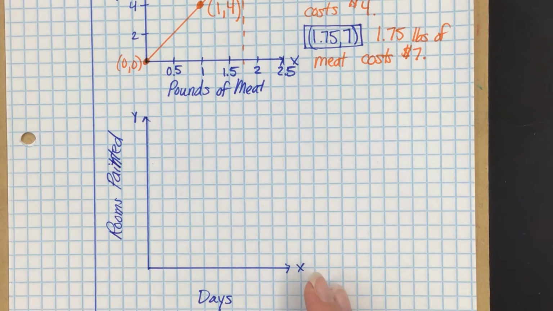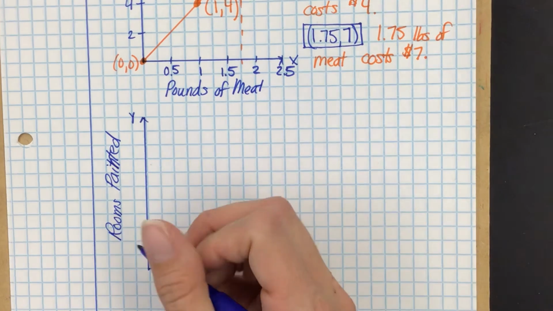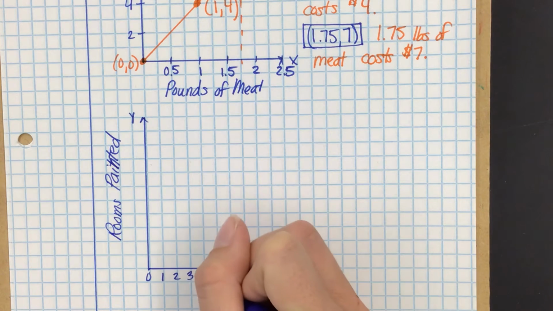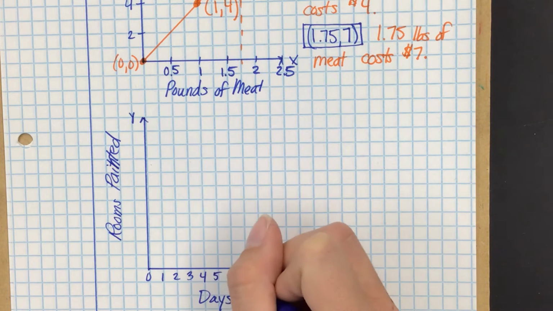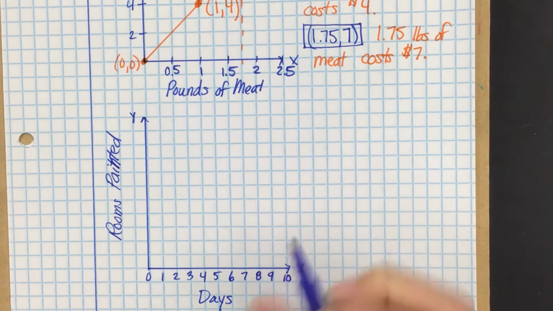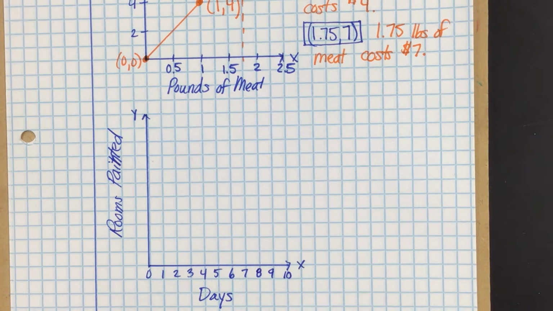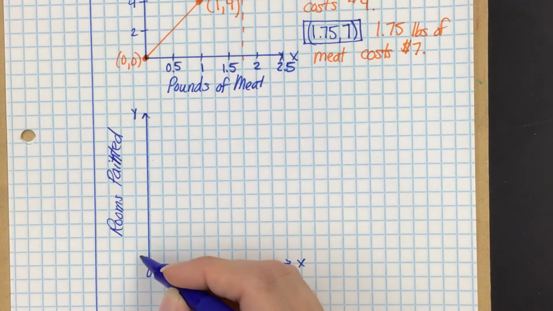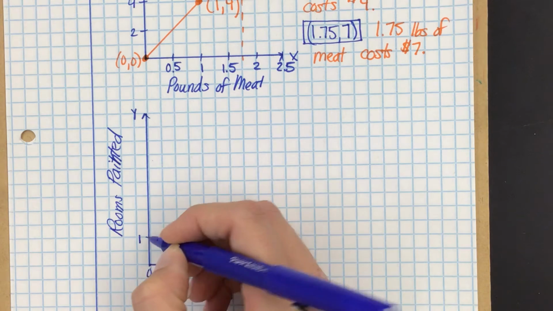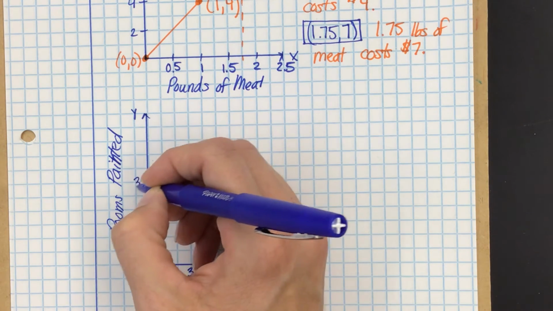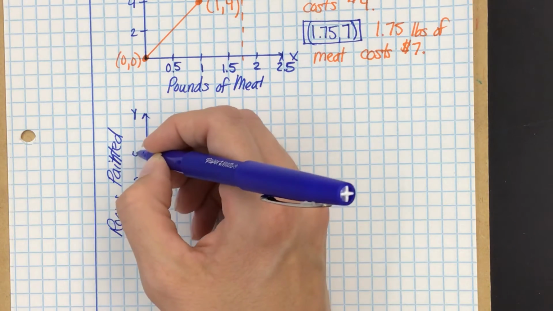So on my x-axis, I'm going to go by a scale of 1, so each square is 1 day. On my y-axis, I'm actually going to go by a scale of a half. So this will be a half, and then this is 1, 2. So basically 2 spaces for every one.